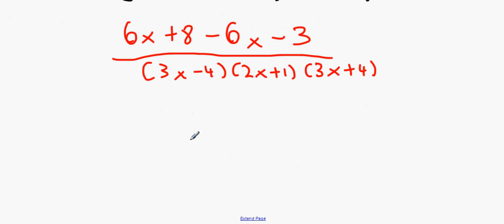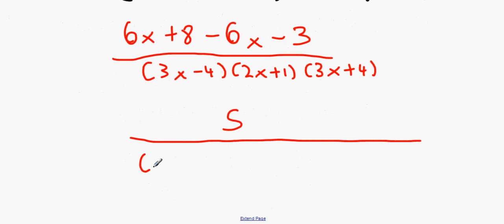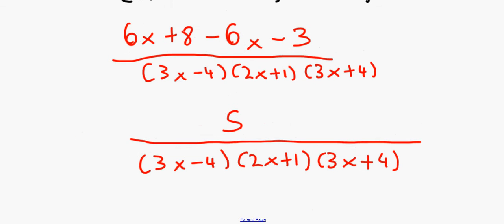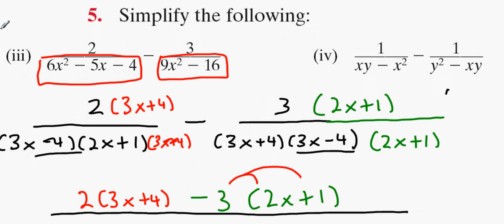Okay, and then we're going to get 5 divided by 3x minus 4 into 2x plus 1 into 3x plus 4. Okay, not an easy question, but we got an answer in the end. Okay, next question.